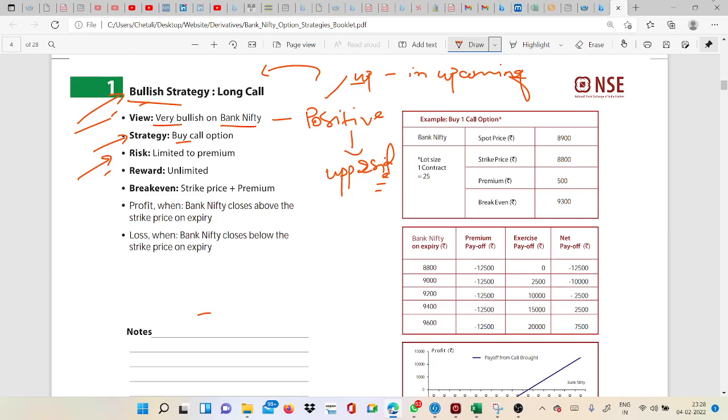If it is an index, then your premium would be your maximum loss. The total premium that you have paid would be your maximum loss.